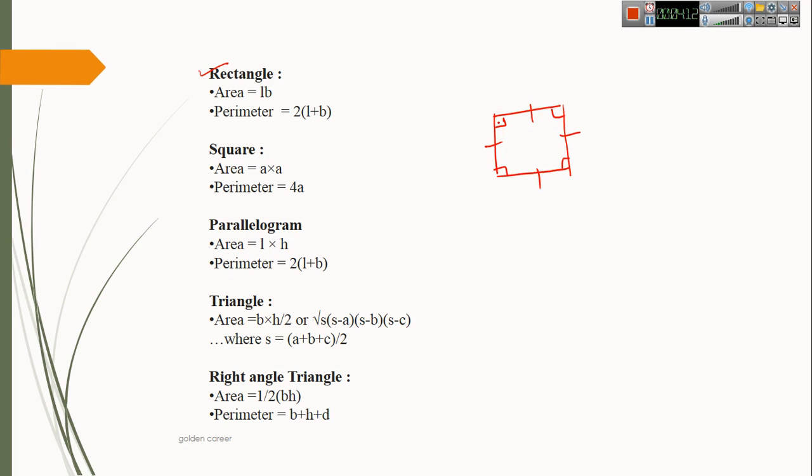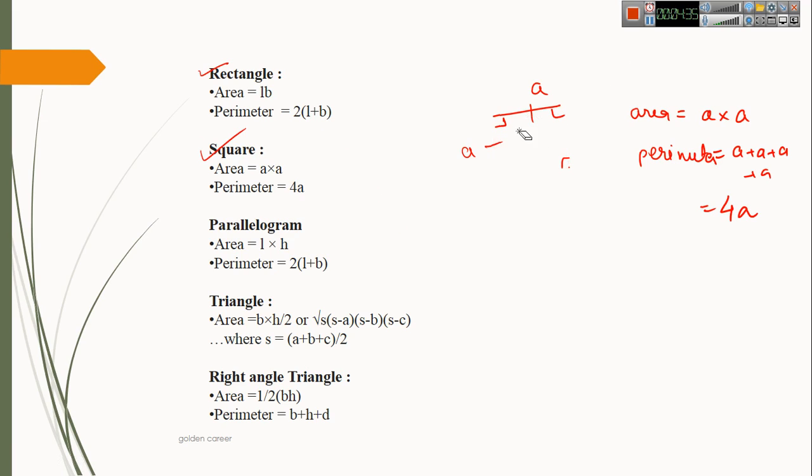If each side is A, then the area will be A into A, and the perimeter will be A plus A plus A plus A, 4 times, which is 4A. So square is done. Then we have the parallelogram.